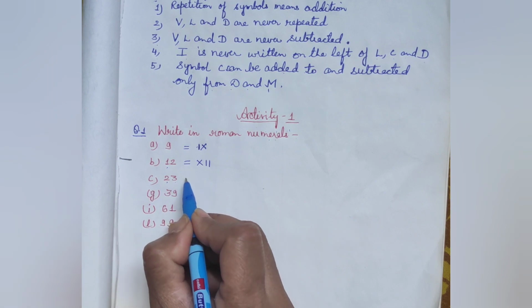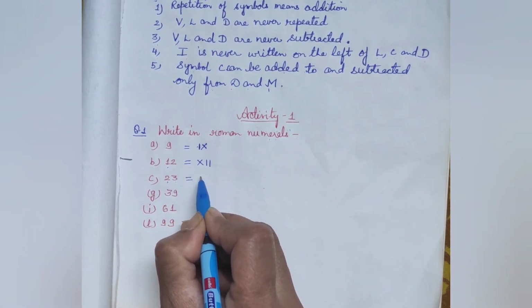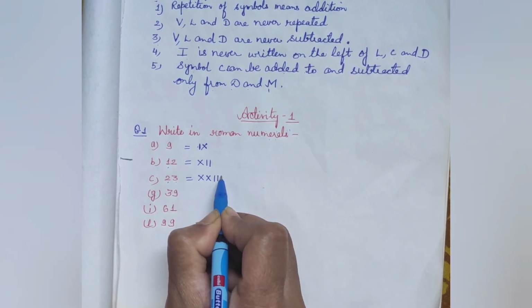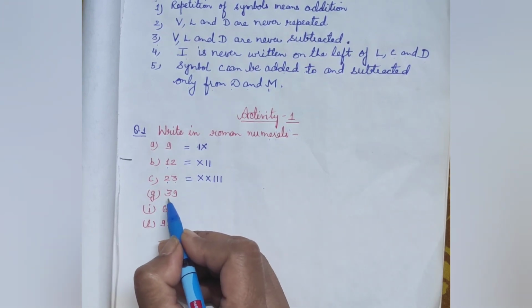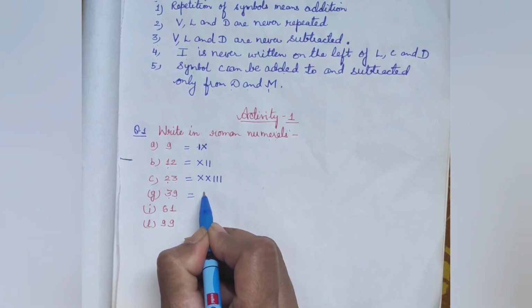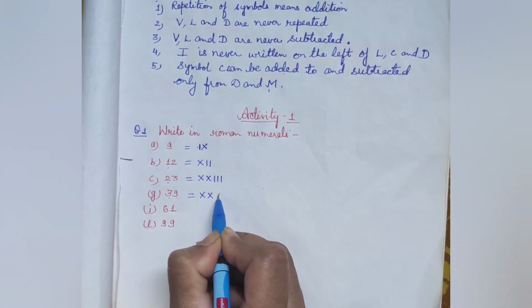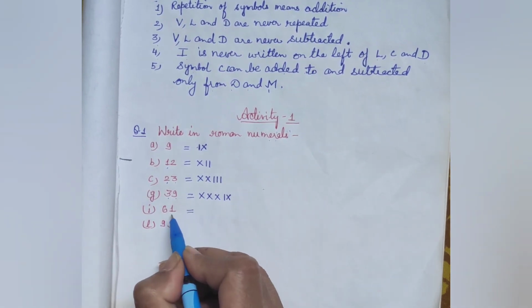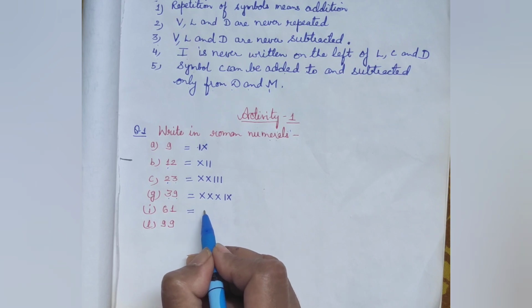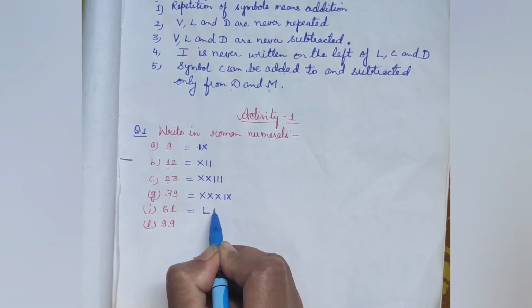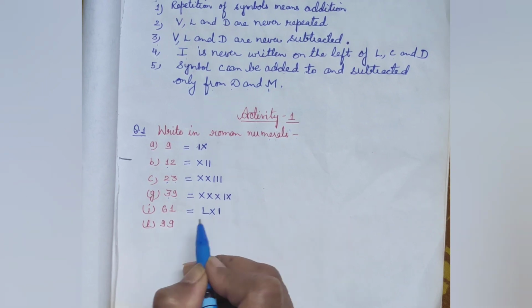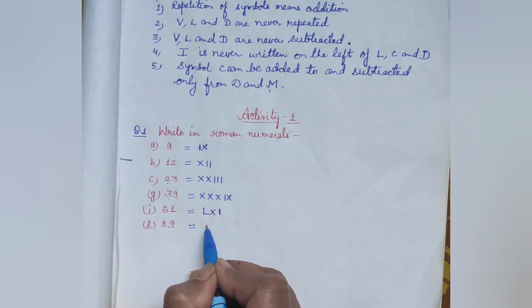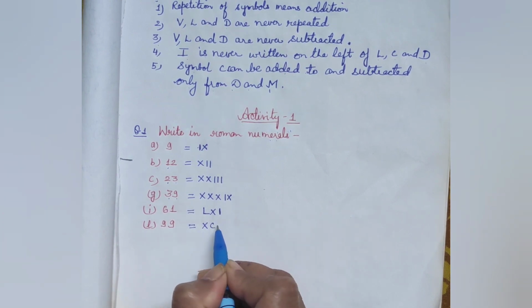Then 23 is written as XXIII. 39 is written as XXXIX. 61 is written as LXI. 99 is written as XCIX.